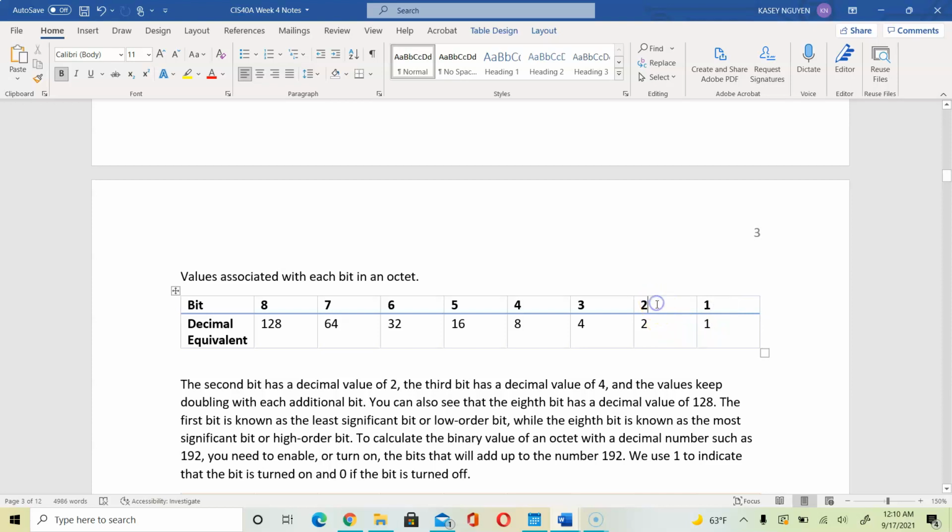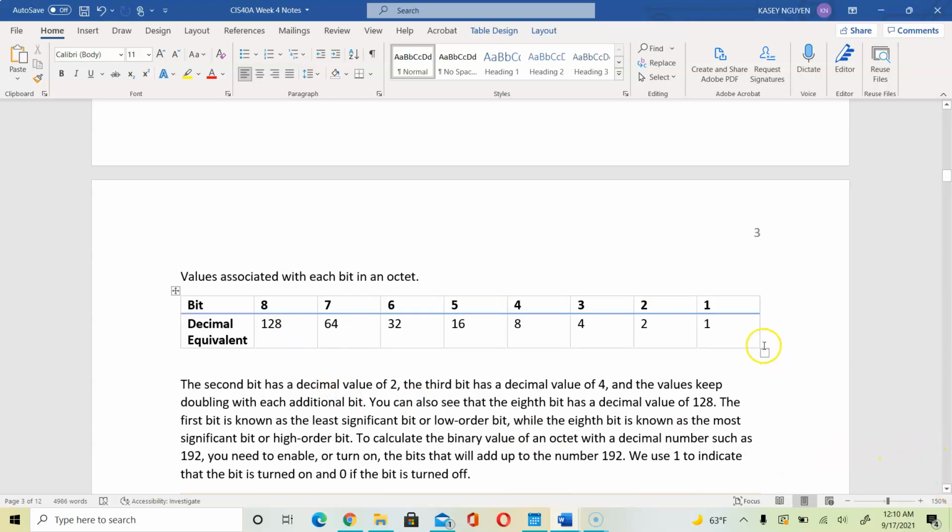On the next bit to its left, which is the second bit, we would have the decimal equivalent as 2. And subsequently, we would take the previous value and multiply it by 2, or 2 to the n, which gives you 1, 2, 4, 8, 16, 32, 64, and 128, the decimal equivalents represented in the 8 bits of the octet.